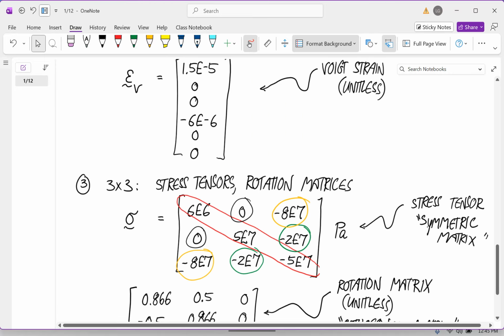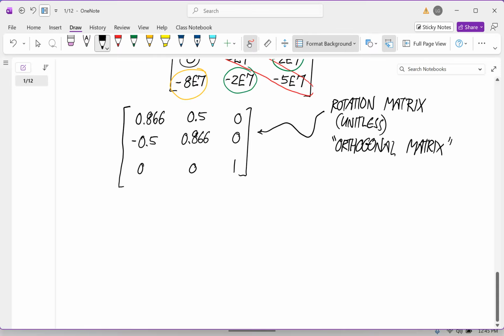And then the last size that's going to be important for us is 6x6.